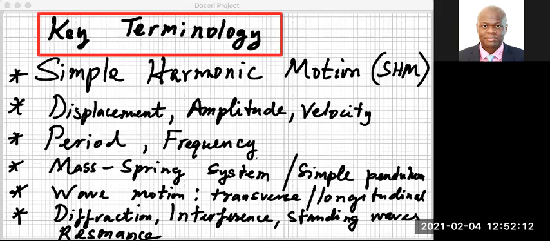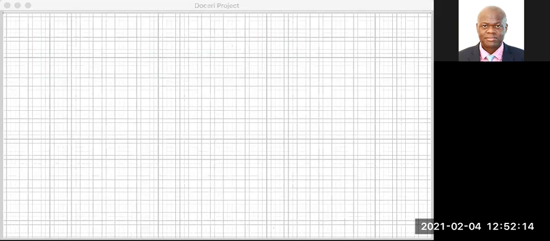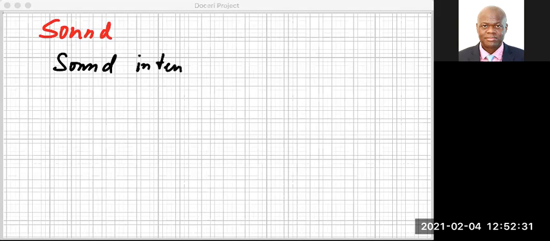And to conclude this section, we're going to talk about sound also. So sound. We'll look at the sound intensity and how it's measured. And then sound intensity levels.